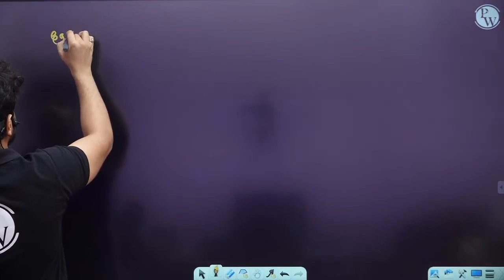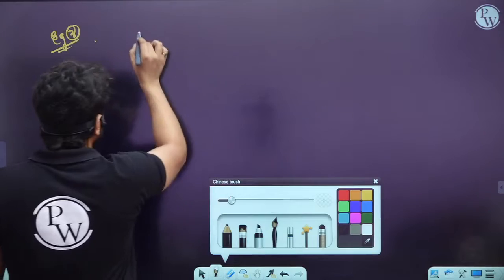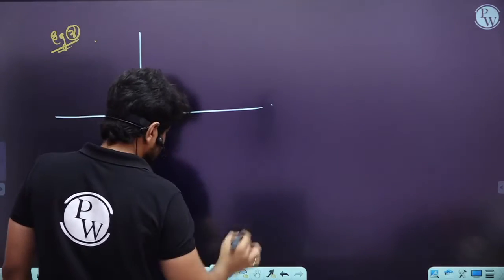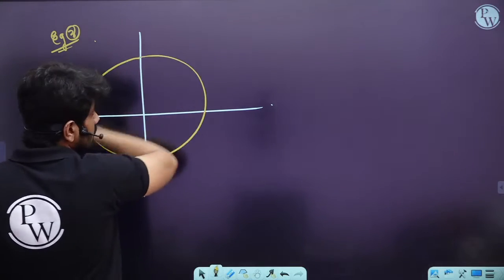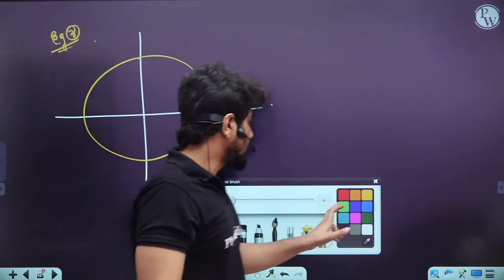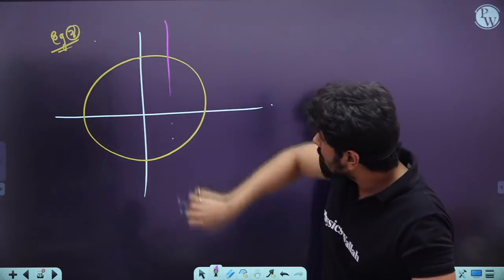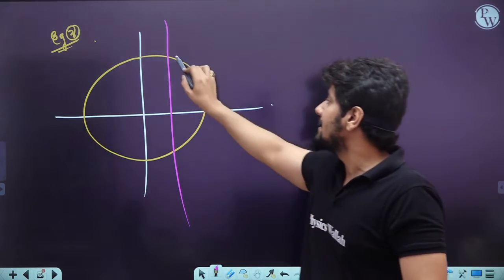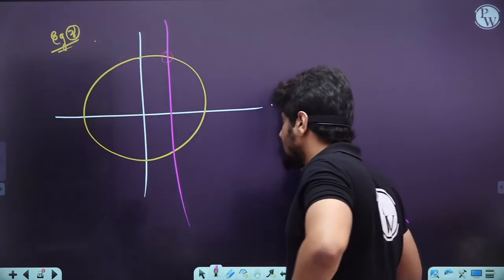Example 3. Tell me whether this is the graph of a function or not. A circle. Is this a graph of a function? This is not a graph of a function, because if I draw a vertical line, this vertical line cuts the graph at more than one point, right? So this is not a function.